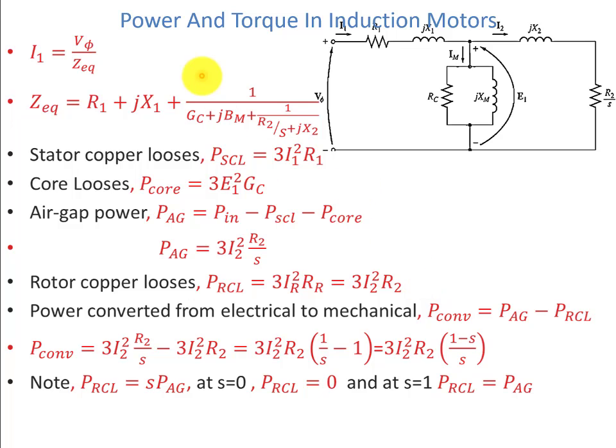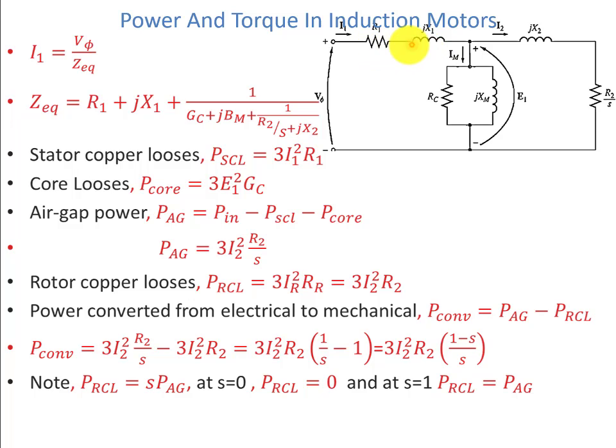So we can visualize this equivalent circuit of the induction motor. Here it is very simple. We call this current I1, which is equal to V phase over the impedance Z equivalent. Z equivalent can be easily found out. Actually, in this equation it is done in only one step, but you can do it in multiple steps, and that would be okay. Still, you can recognize it very easily.